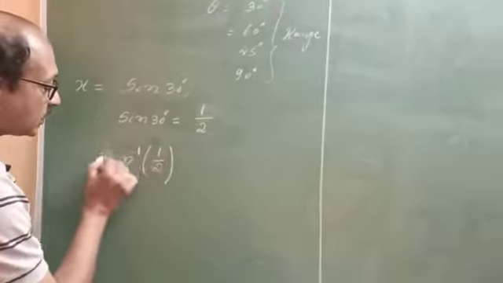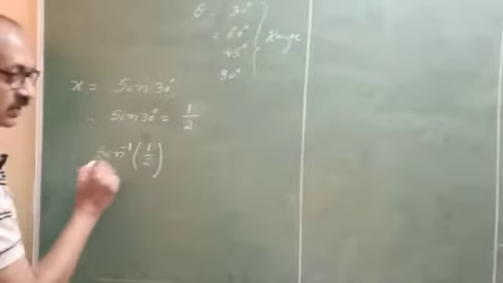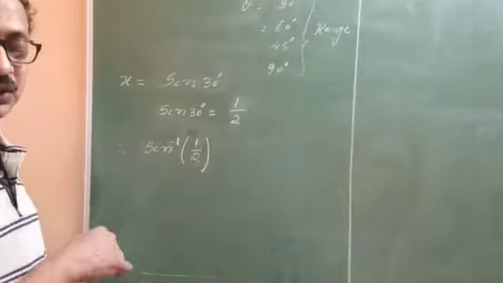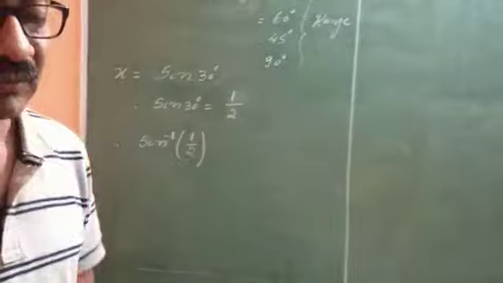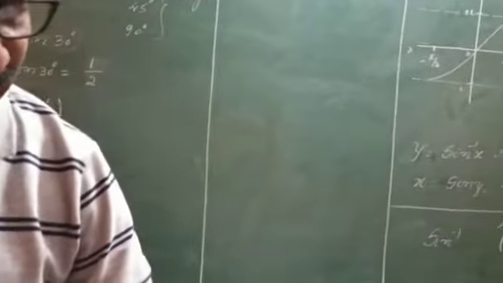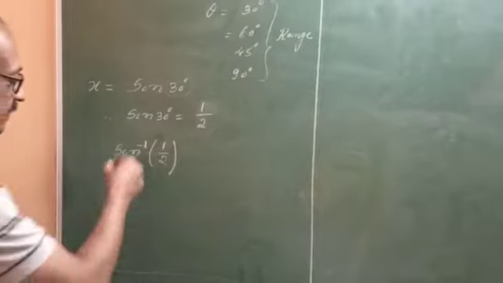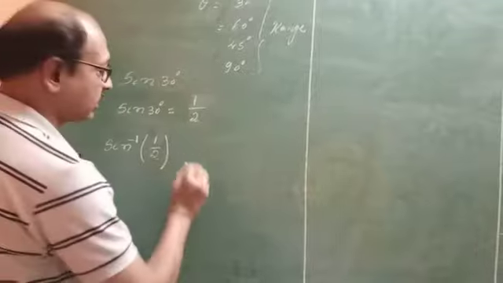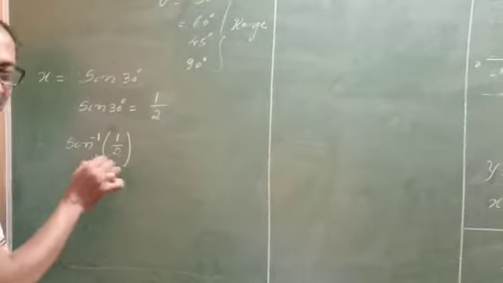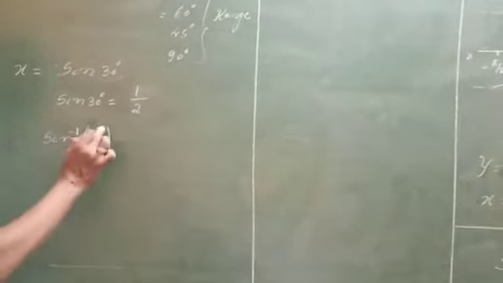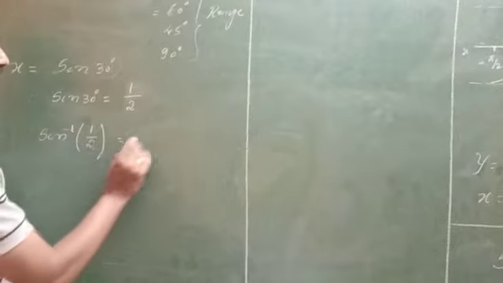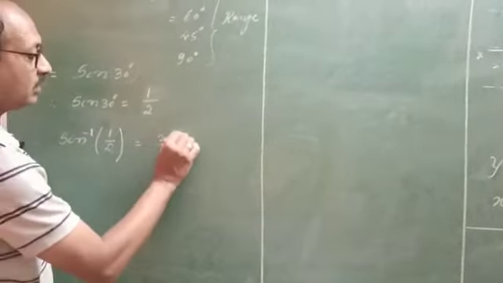The sine inverse is also termed arc sine. Sine inverse of 1 by 2 is equal to 30 degrees.